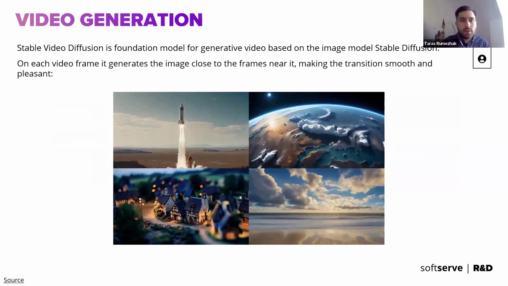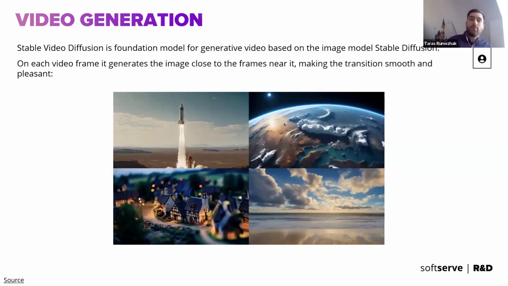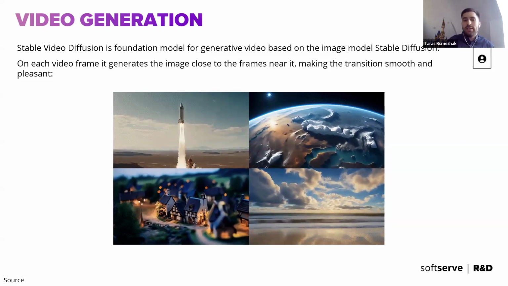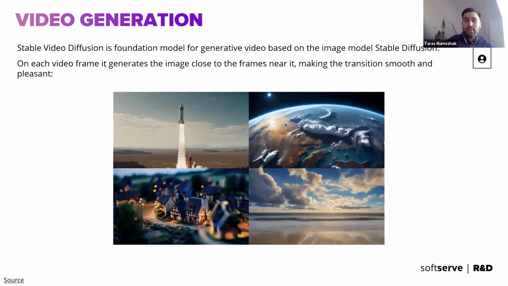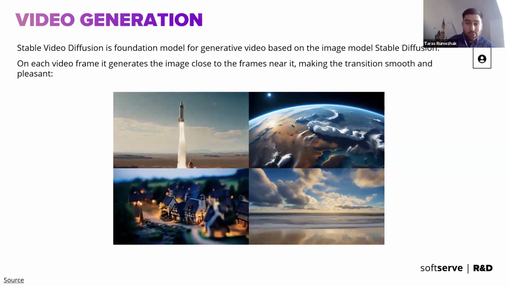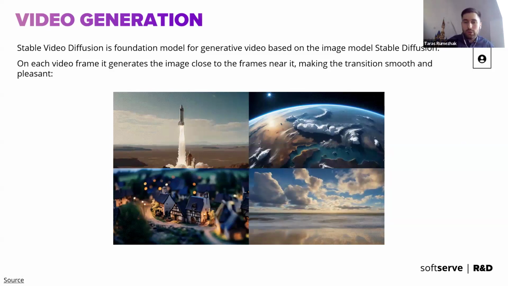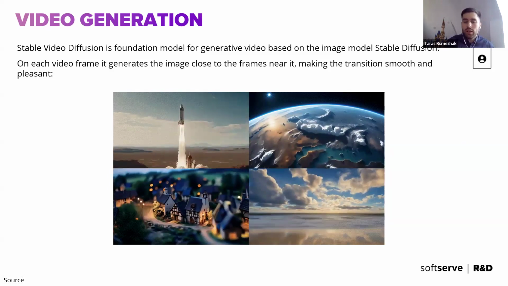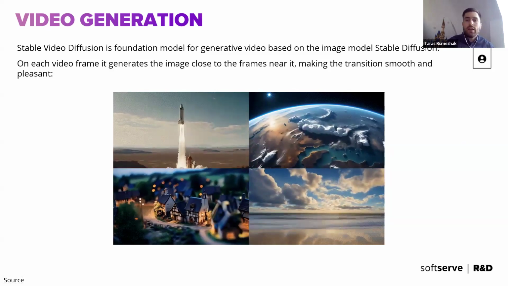After that, Stable Video Diffusion, also from Stability AI, was presented. The main idea of their paper is that they achieved consistency in frame generation, because the next frame is conditioned not only on the text, there is time and spatial conditioning as well, and the next frame is also conditioned on the previous frame.